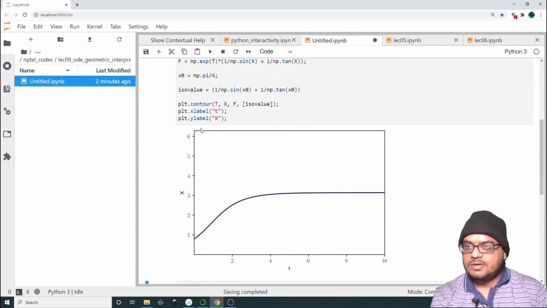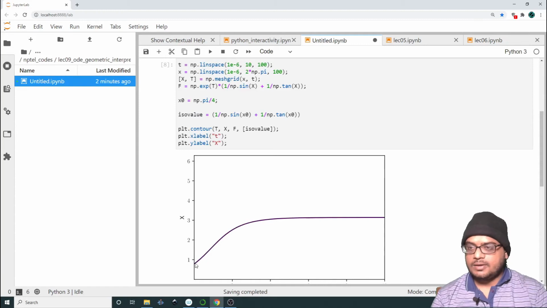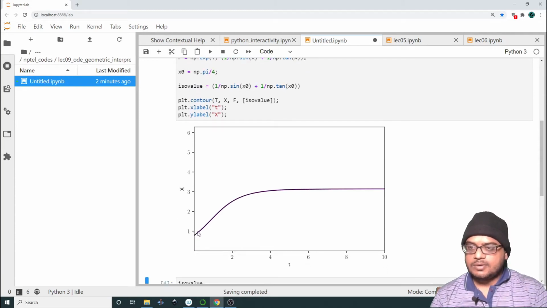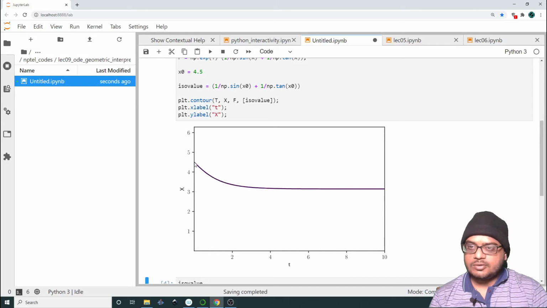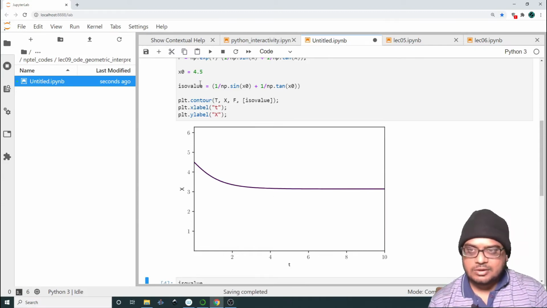So when we start at a value of pi by 4 over here, in time the value grows and it settles to this value. Now if I change the initial condition, will this evolution in time also appear to be something like this? Obviously not, because when I change the initial condition, it will start from some other point. Let us say that x naught is somewhere over here, suppose 4.5. So it starts at 4.5 and in time it decays and it reaches this value. So there has to be something very specific about that value.